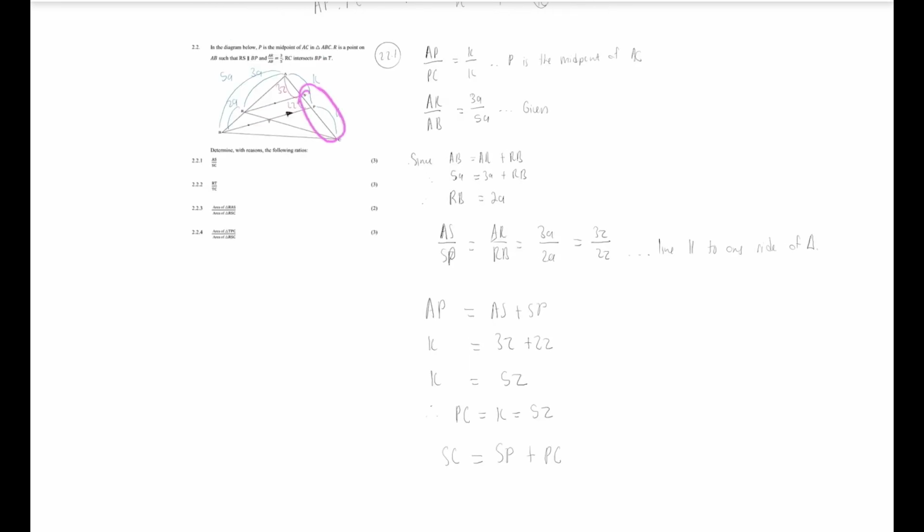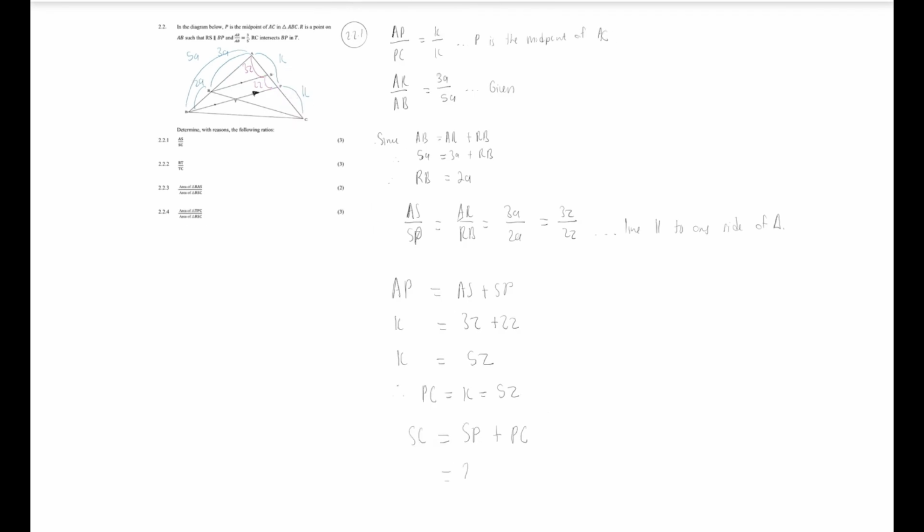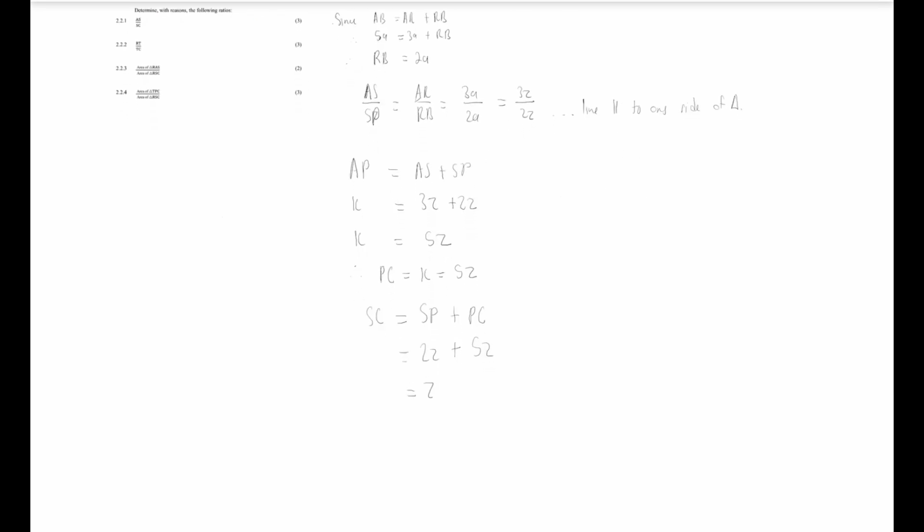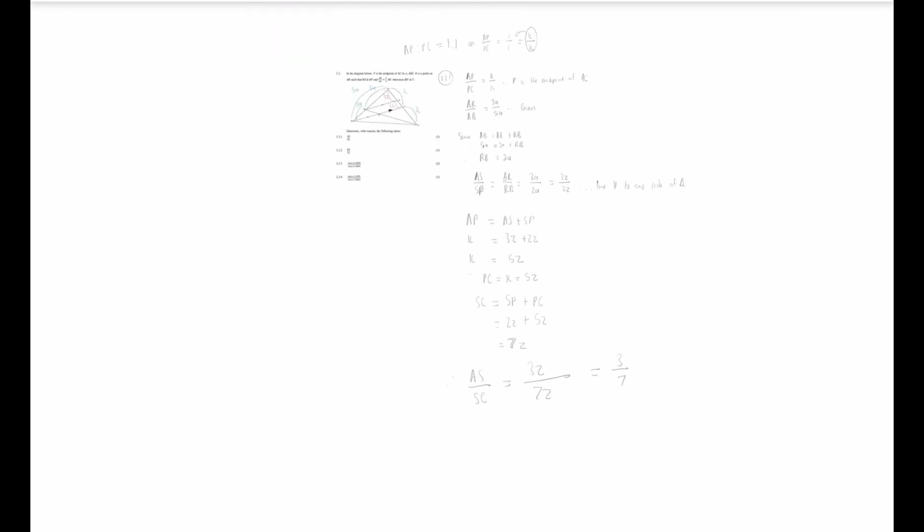My SP was 2Z and my PC was 5Z, and this gave me 7Z, like that. And then therefore AS over SC is going to be equals to 3Z over 7Z, which is going to be 3 over 7, like that.